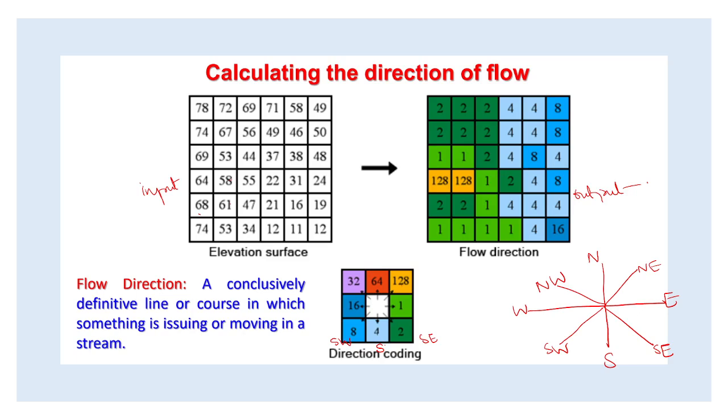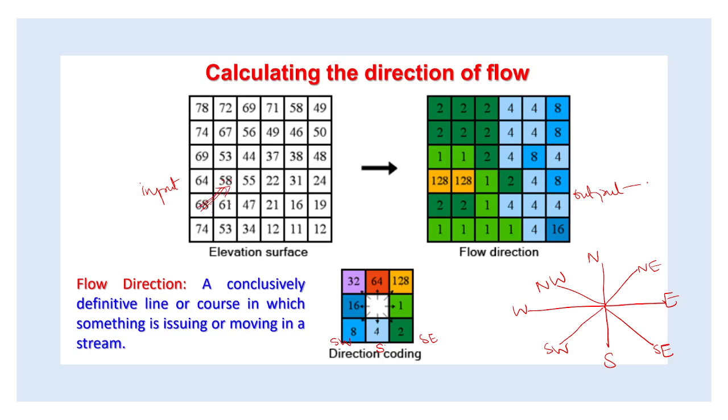So the flow will be in the northeast direction, because 68 is high, which means that elevation value is high, and the surrounding is less, so the flow will be in the northeast direction.